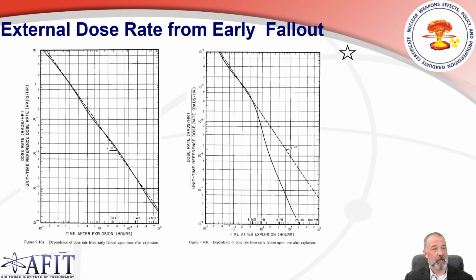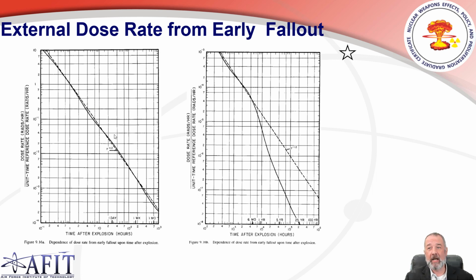The example in the book is at 15 hours following detonation, we see an exposure rate of 4 rads per hour. So we're going to use a chart to read this. However, I must point out there are two different lines on this chart. We have a dotted line and we have a solid line.